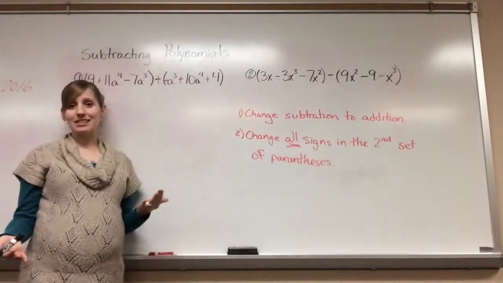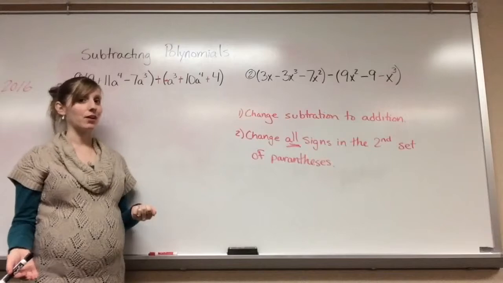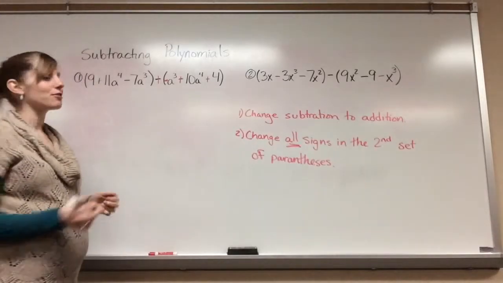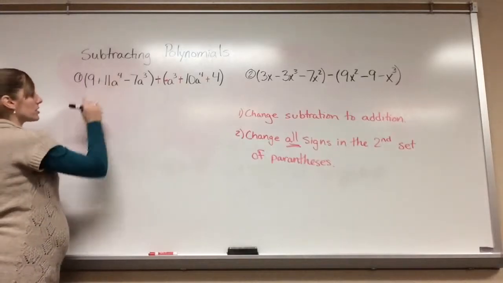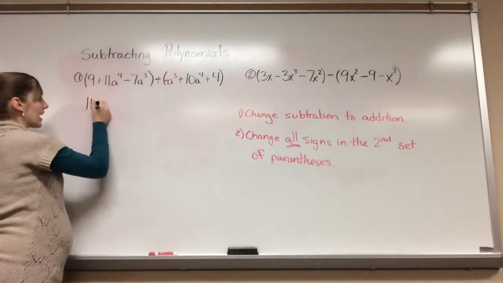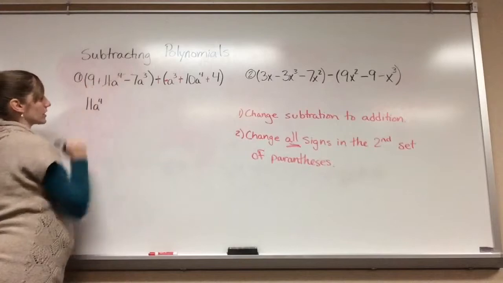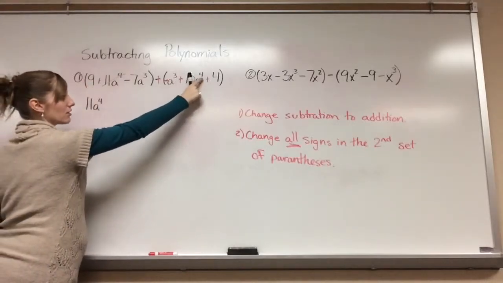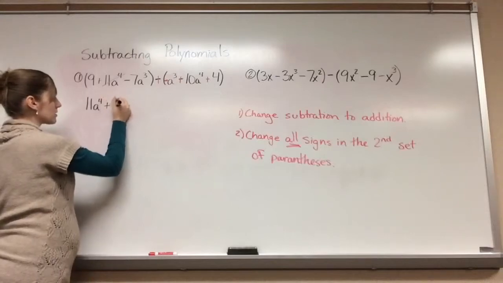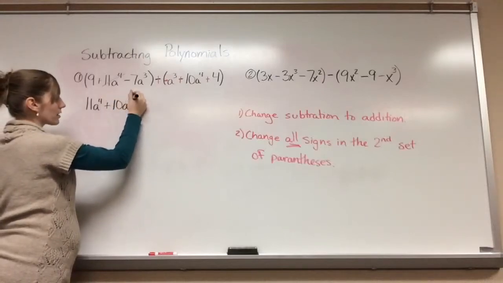So we do the exact same steps that we learned in our last video, which means I put them in order from largest exponent to smallest. Well, the exponent of 4 is the largest, so I'm going to start with 11a to the 4th. Cancel that out so I remember. Now I changed this to plus 10a to the 4th, so that comes next, plus 10a to the 4th.